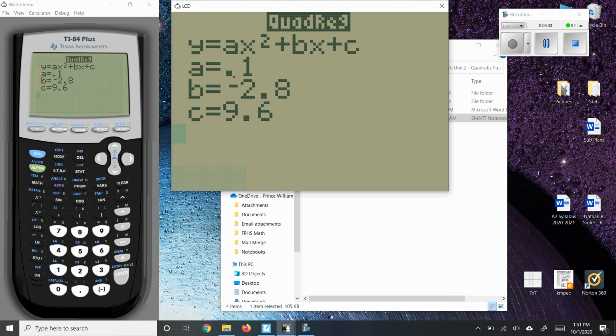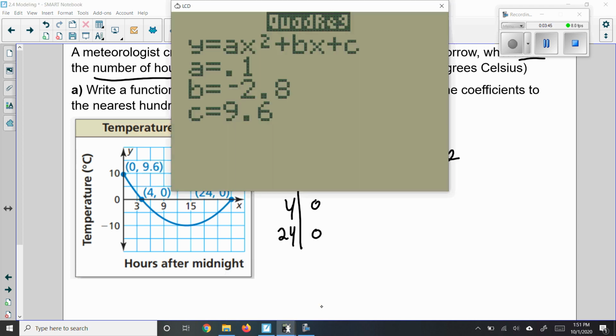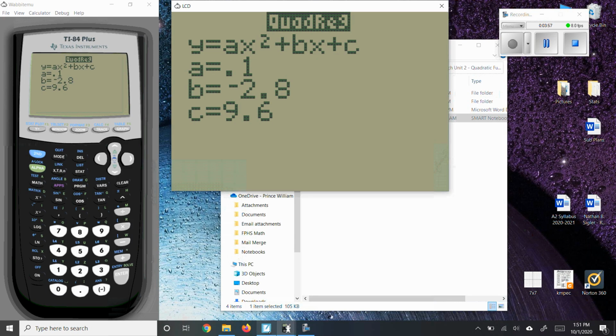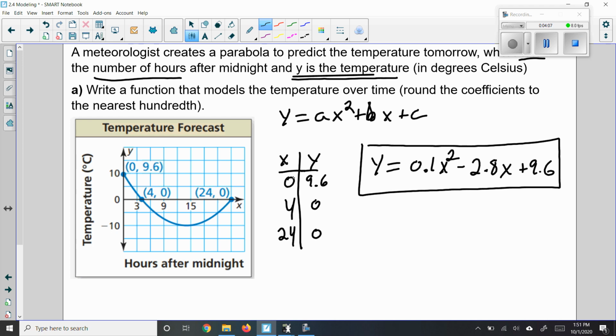So a is 0.1, so my equation is y equals 0.1x squared. b is negative 2.8, so this is minus 2.8x. And c is 9.6, so plus 9.6. And this is the regression equation that will model this situation.